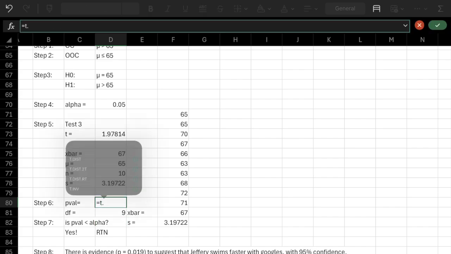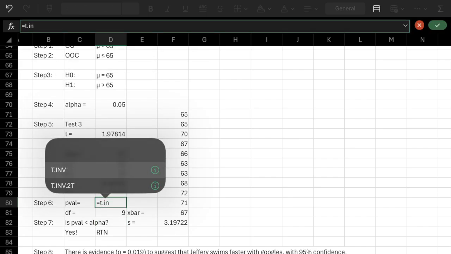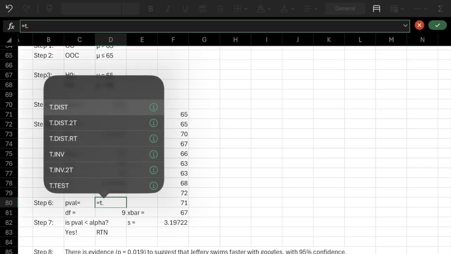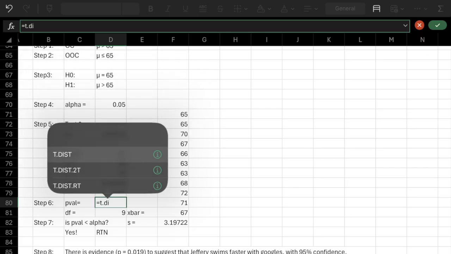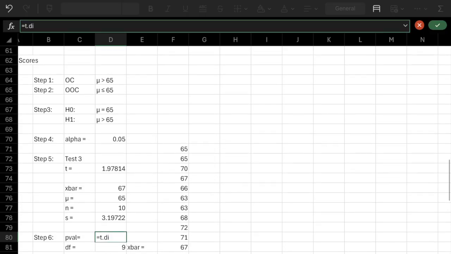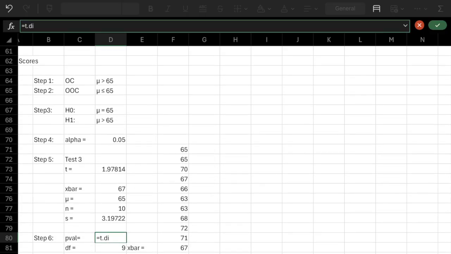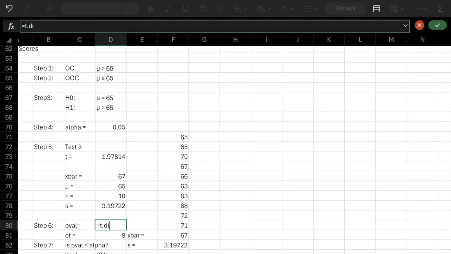Equals t.inv. Oh, but look at this. T.dist, oh no, not inv, t.dist. T.dist, and then look at these other options. I've got .2t. I've also got .rt. Now, which one's this one? Look at my alternative. It's greater than.